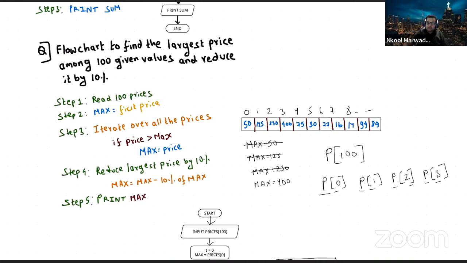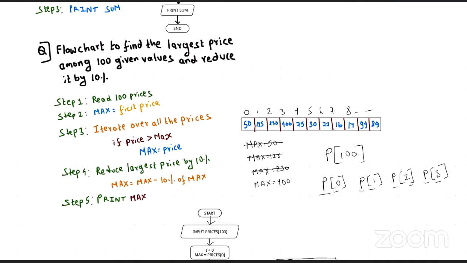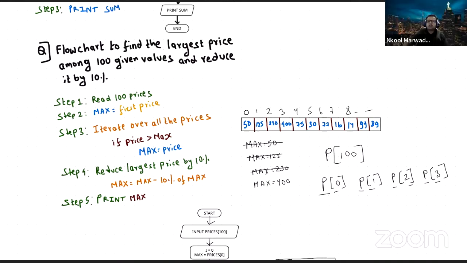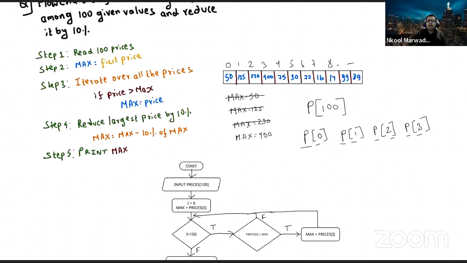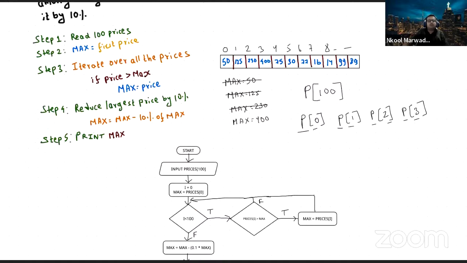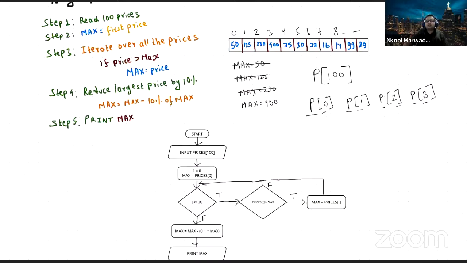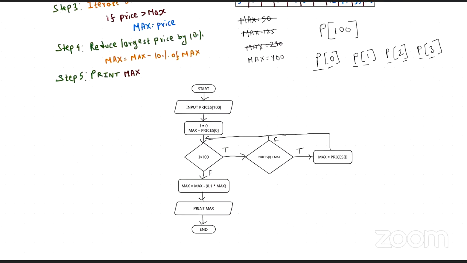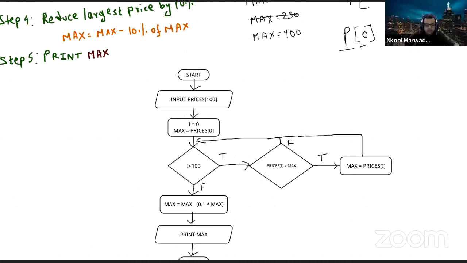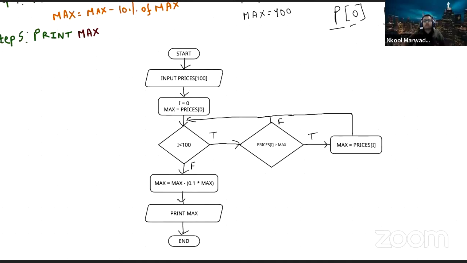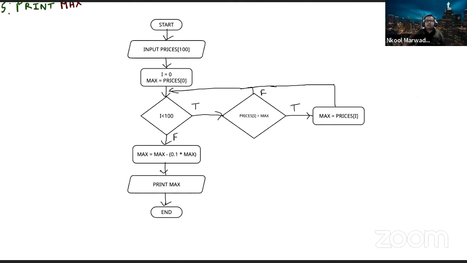We can have much more efficient algorithms to find the largest price. That we will discuss later on. Okay, sir, got it. So we are discussing in such a way that this interesting problem we had, we made a basic algorithm for it, and we implemented the flowchart for it. Yes, sir. Isn't it? Nice.